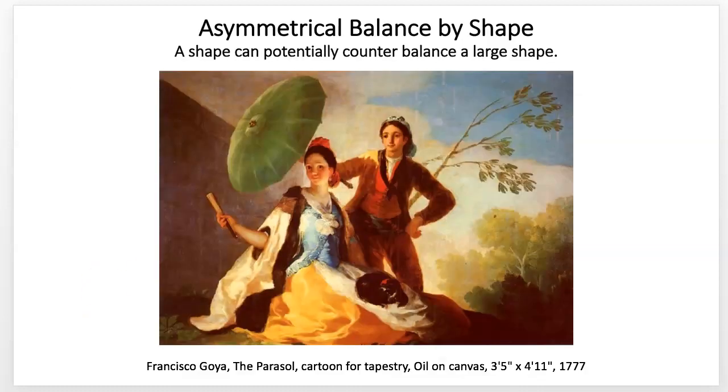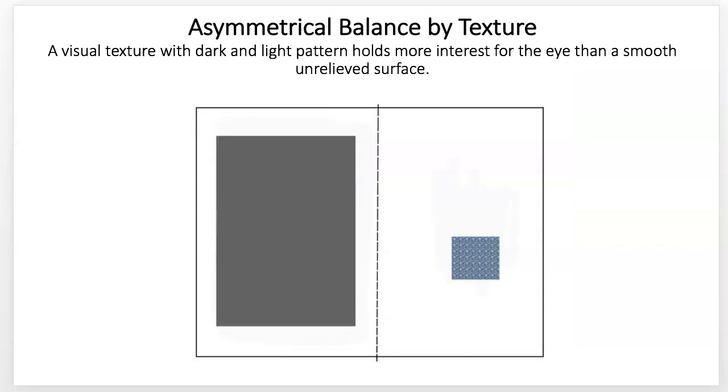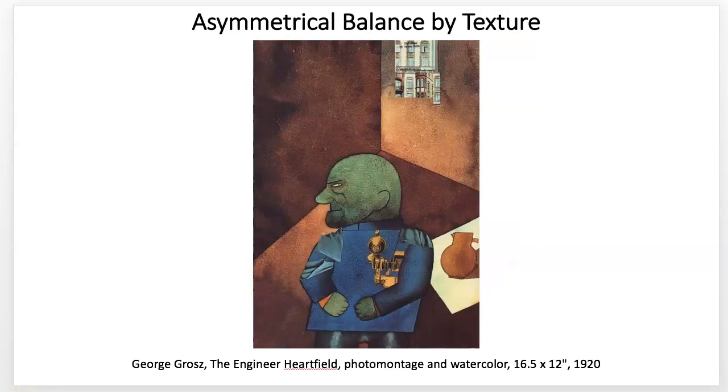It's creating visual balance. You could also create asymmetrical balance by texture. So you could have something that has a lot of density of pattern and it creates a lot of visual interest. And so it holds the eye. The weight is held, the eye interest is held. And this is an example of that up here.